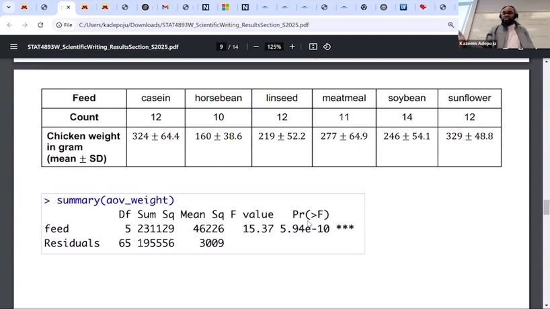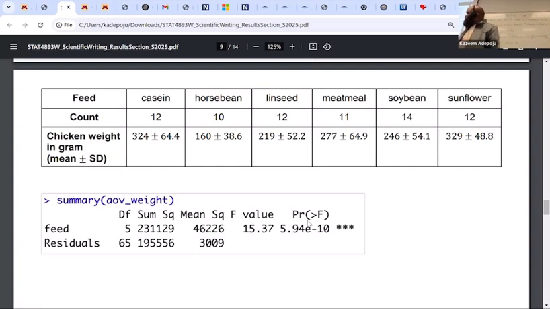And of course, we have a non-parametric alternative, depending on which assumption is violated. Analysis of variance is a parametric procedure that relies on stringent assumptions.